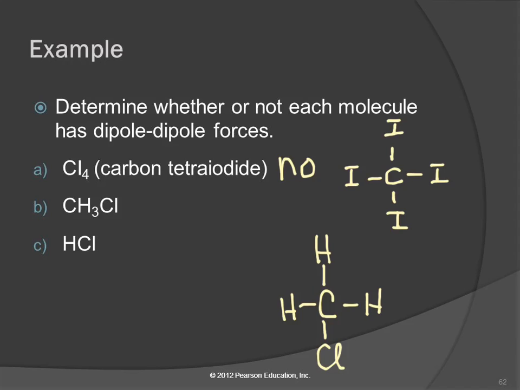Are all the atoms bonded to the central atom the same? No. The chlorine's different, right? So it's symmetrical in terms of the atoms being spread out, but one of them's different. And so this makes this a polar molecule. This one's polar. Do polar molecules have dipole-dipole forces? Yes, they do.